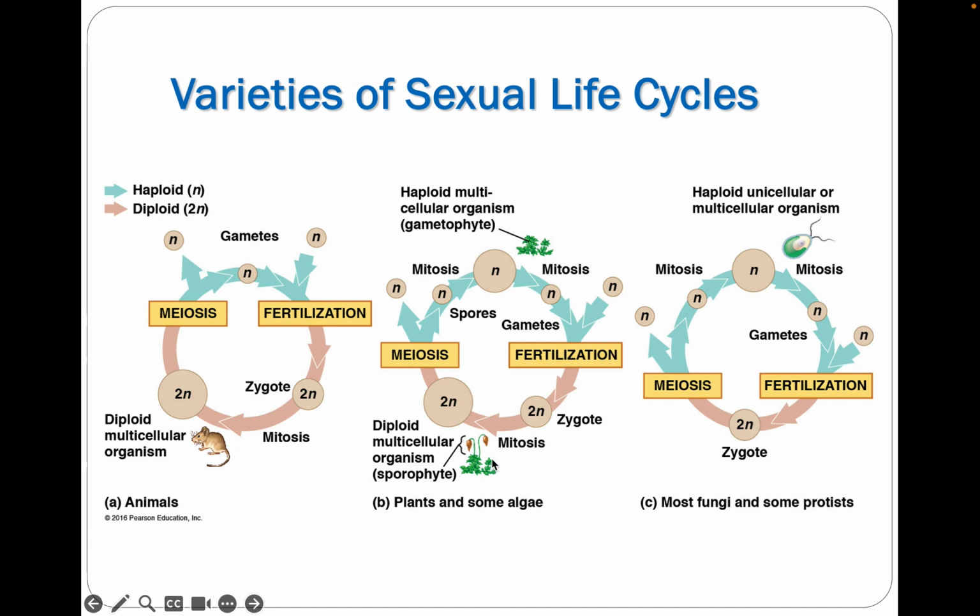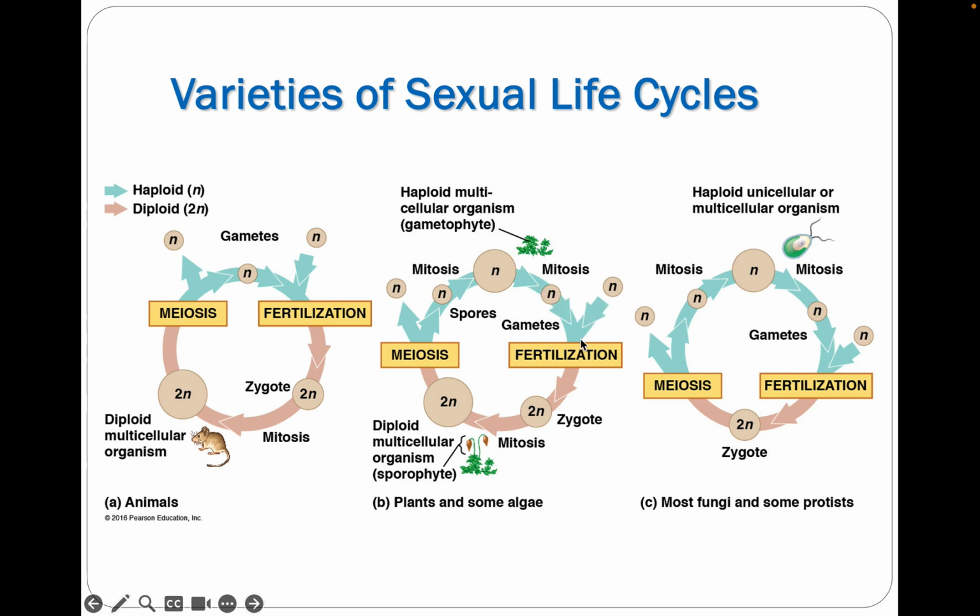Plants and some algae use a haploid multicellular organism, the gametophyte. So they alternate between having a haploid part of their life cycle and a diploid part of the life cycle. And this is a little different than the way animals do it. So if we start here where we have our diploid multicellular organism called a sporophyte, it undergoes meiosis and produces spores. Those spores produce gametes.